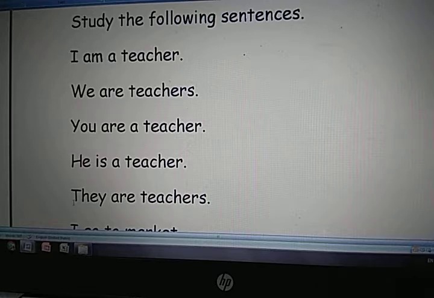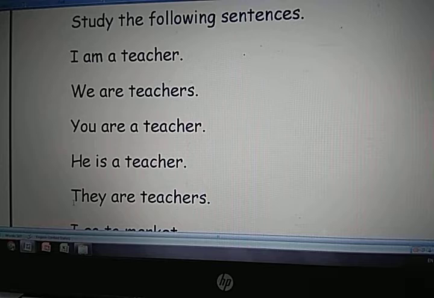Again for I am a teacher, I changed the person. From first person I have taken second person, you. Then am changed to are. You are a teacher. In the next example, instead of first person, I took third person singular, he.